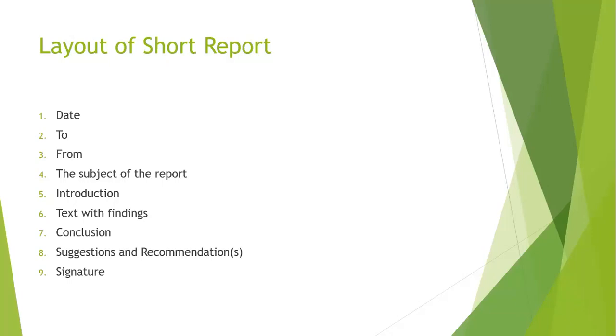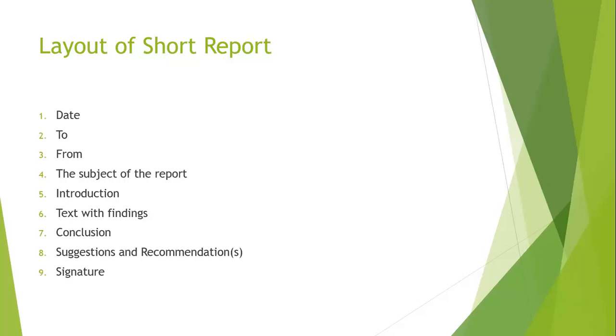The first thing which you write is the date when you're compiling the report. Then two is you write down the designation, the name of the organization, and the name of the city of the person for whom you are writing the report.